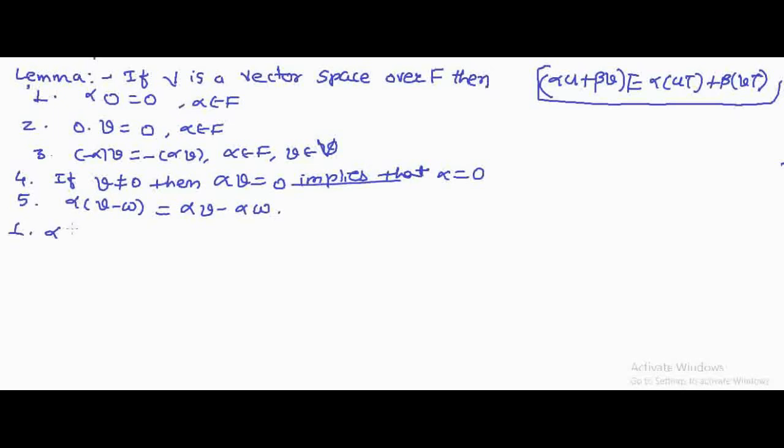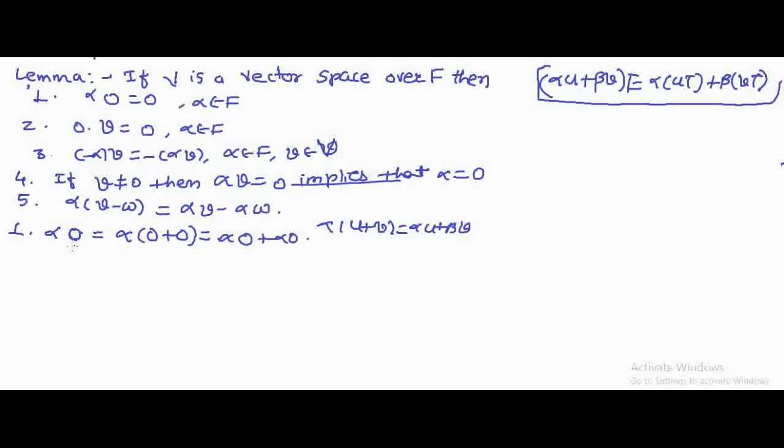alpha into 0 equal to alpha into 0 plus 0. We write this 0 as a 0 plus 0. Now apply the first condition of vector space. What is first condition? Alpha times u plus v equal to alpha u plus alpha v. This is first condition of vector space. Now we apply here first condition, we get alpha 0 plus alpha 0.